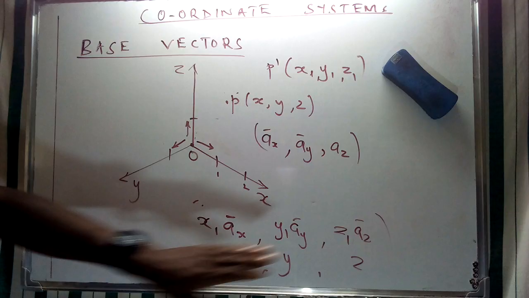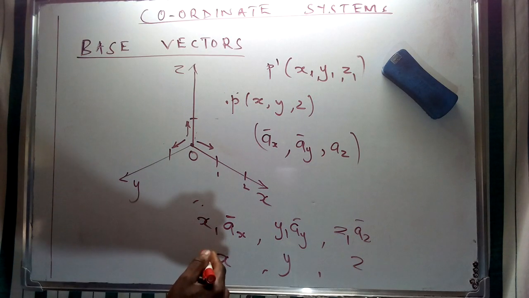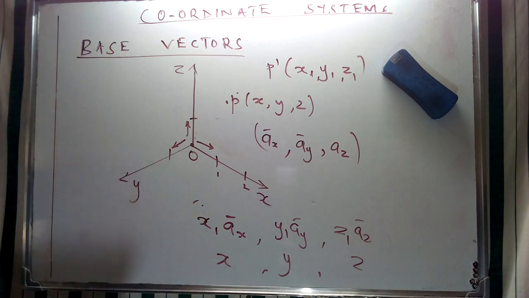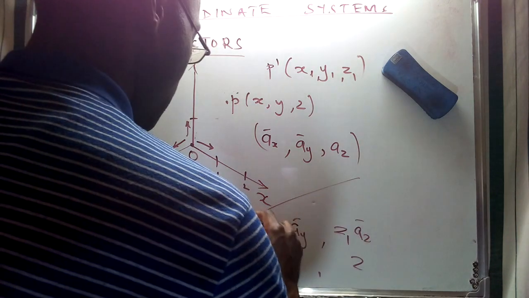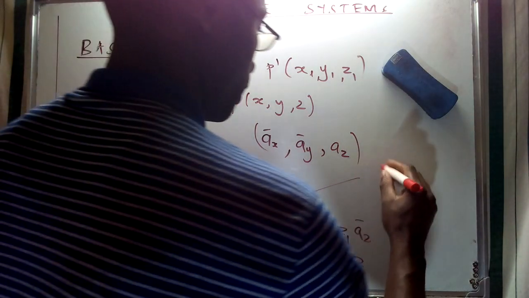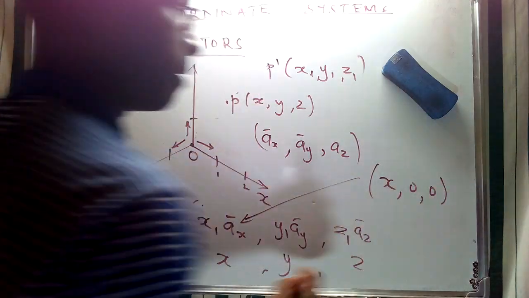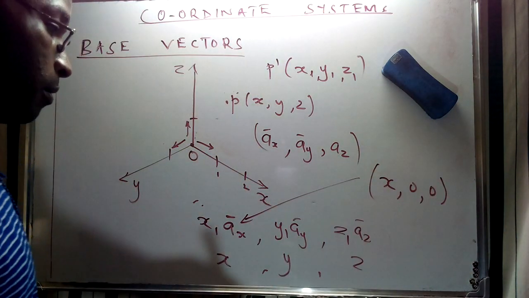Of course, we do not have this, just writing this one below for emphasis purposes. So we're going to see that this one can be represented as individual points. For instance, if I try to write for x, I can have it represented generally as x with no stretch in the y and z direction.